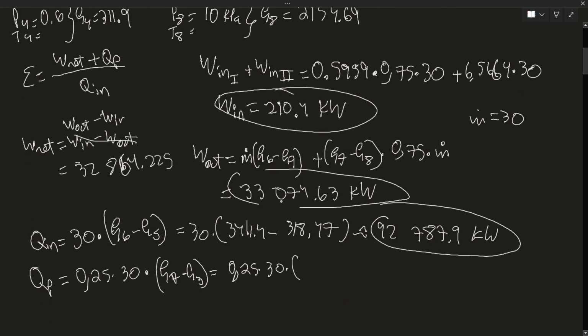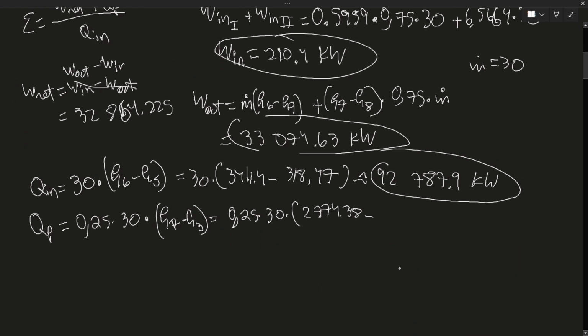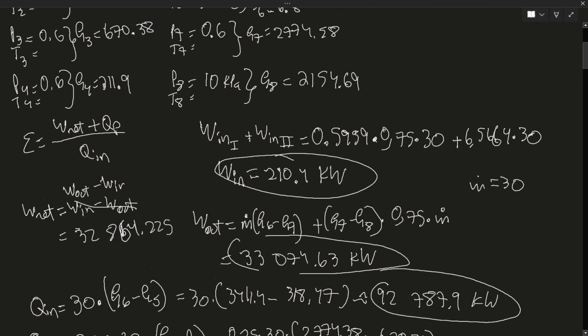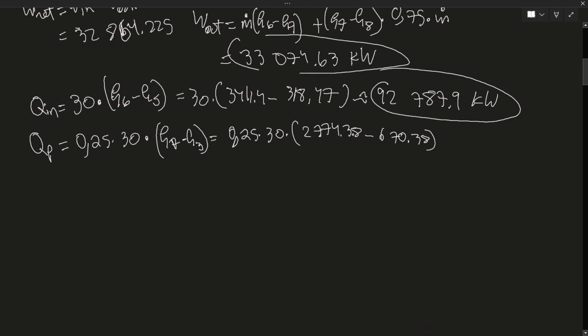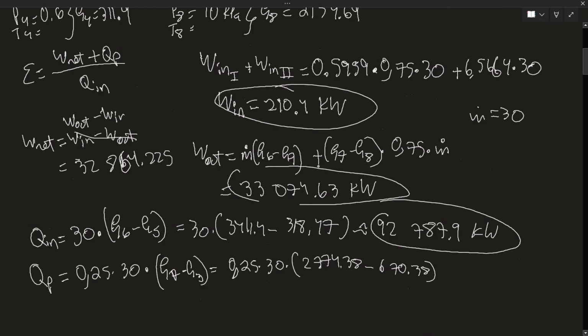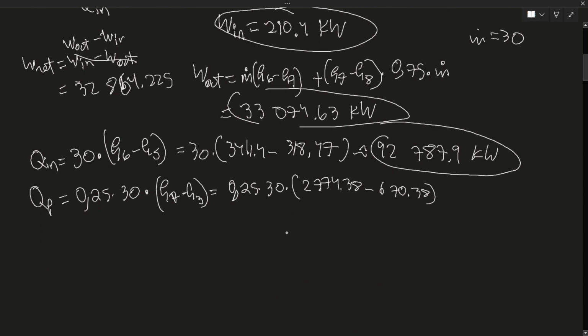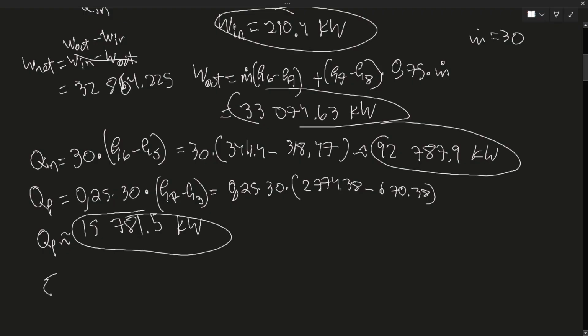H7 is 2774 negative H3 is 670.38. Oh, this is 5, sorry. No, it's good. Okay, so calculating this, you should get a Q process of about 15,781.5 kilowatts.